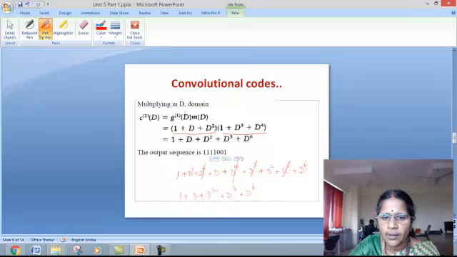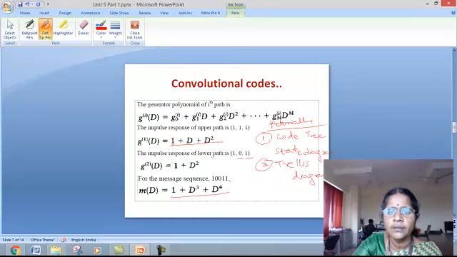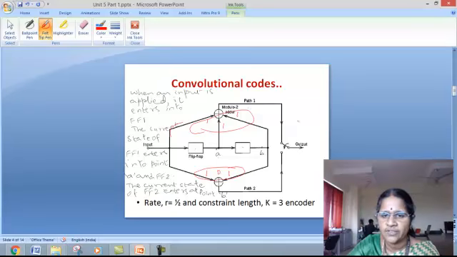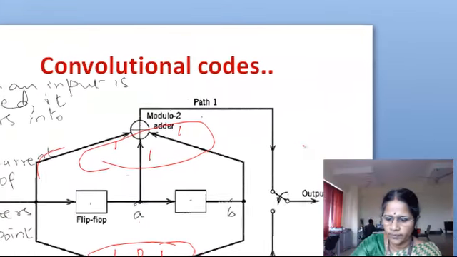So what is remaining is 1 plus d square plus d cube plus d power 6. And therefore, the output sequence here is 1, d square, and then d cube, d power 4 and d power 5 are 0, and d power 6 is 1. So this is the output sequence generated by this upper path. So here, because of this modulo 2 adder, the output sequence generated is what we have seen now.